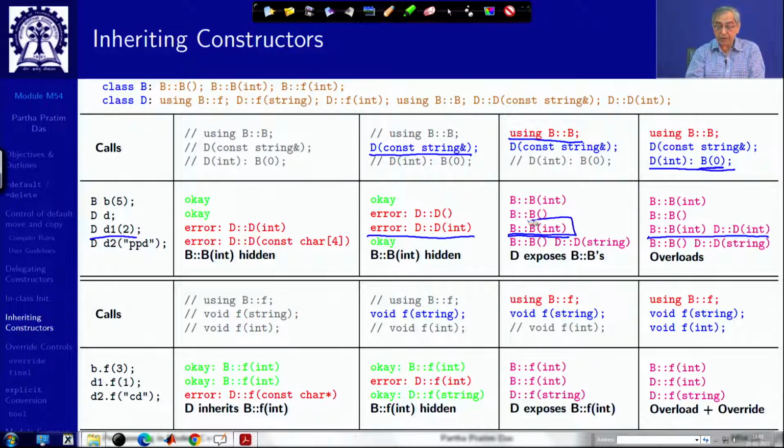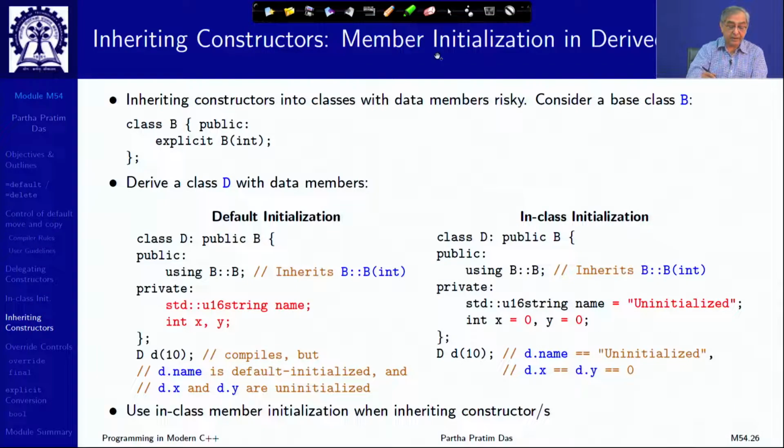So, this is what you gain by inheriting the construction, which was not available in C++03. So, inherited constructors are very important, but you have to be careful: if the derived class has data members, you may be in for a surprise, because your inherited constructor obviously will not construct the data members of the derived class, since the inherited constructor is of the base class. So, you have to use proper in-class member initialization to make sure that your derived class data members are properly initialized.